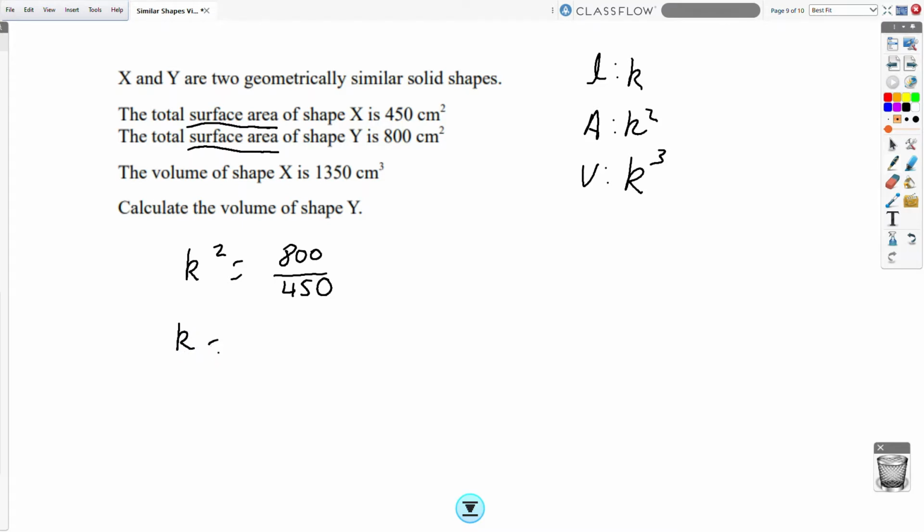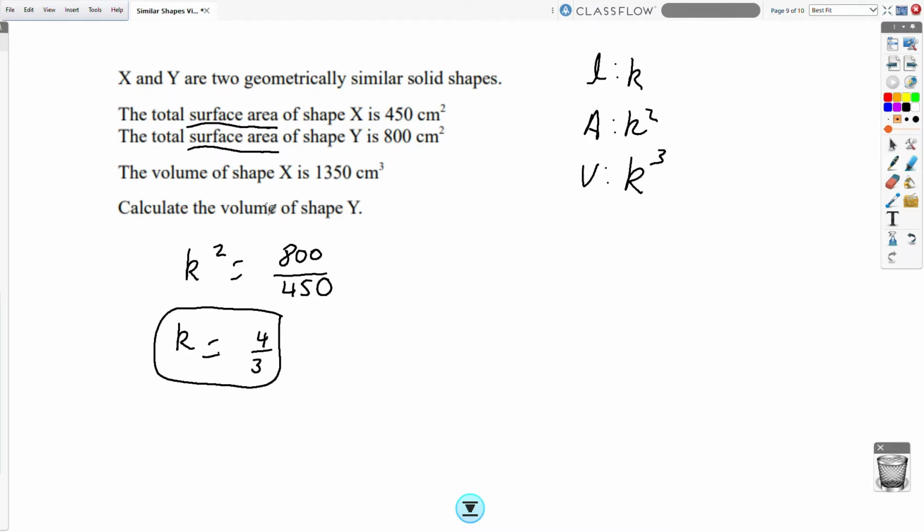So we're going to do the square root of 800 divided by 450, which will give us 4 over 3. If you simplify the fraction above, it would have given you 16 over 9, and then you can square root it. The reason I want to find k is, it's easier to go from k to k cubed, rather than from k squared to k cubed.